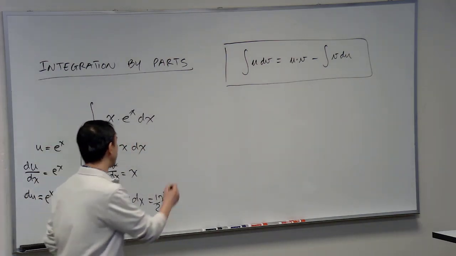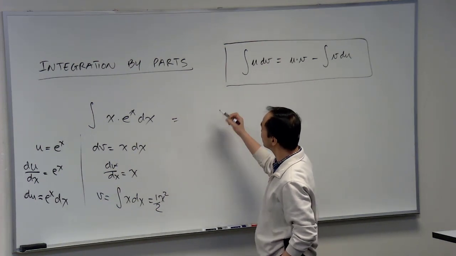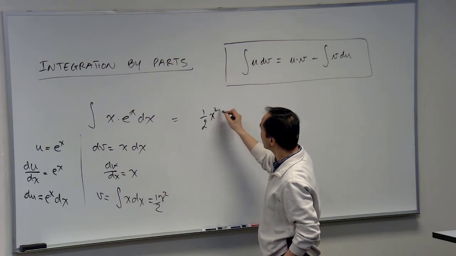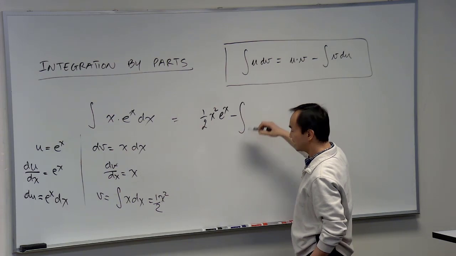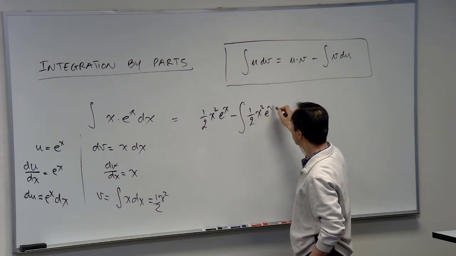And so according to the integration by parts formula, you can put it together and do the following. u times v is 1/2 x squared times e to the x, minus the integral of v du, so it's 1/2 x squared e to the x dx.